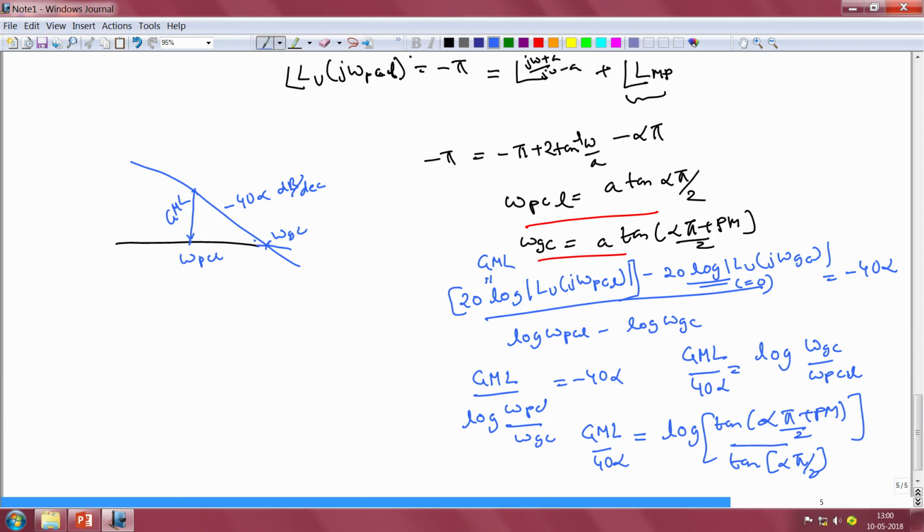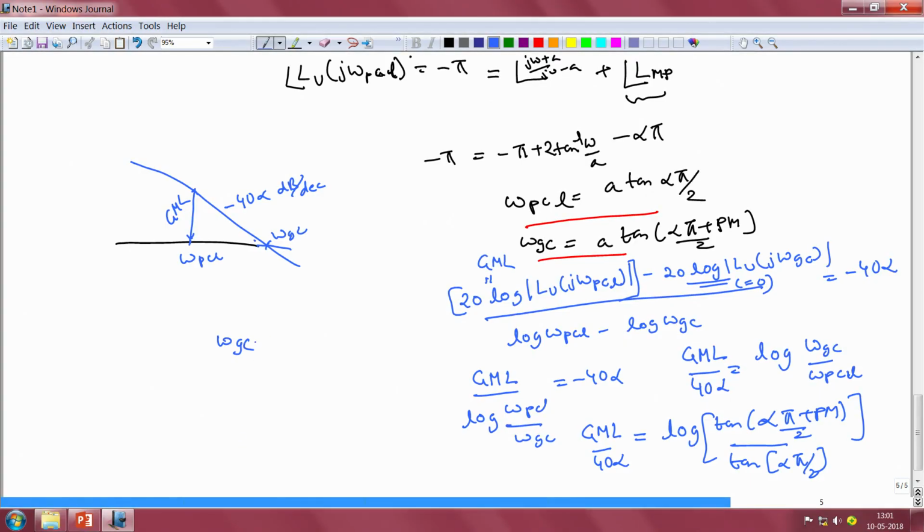If we go back to our discussion on non-minimum phase systems, in particular on systems which have a non-minimum phase 0, we noted in that case that the gain crossover frequency ωgc was given by A cot of (απ plus PM)/2, where A was the location of the non-minimum phase 0, and ωpc, we had just a single phase crossover frequency there, was given by A cot of απ/2.